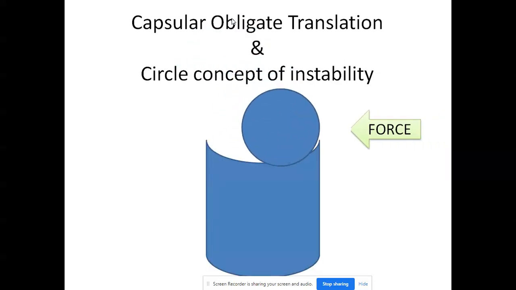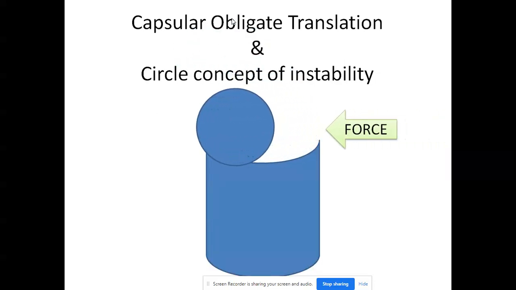If some force is acting on the anterior aspect in a very bad manner, this causes the humeral head to translate posteriorly. This is not only in the relationship between anterior and posterior, it is multi-directional. If the trauma is happening in one way, in the other direction your humeral head is moving. Hence, this is known as the circle concept of instability.